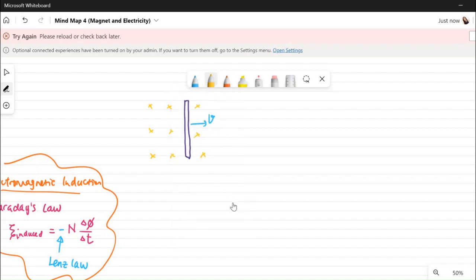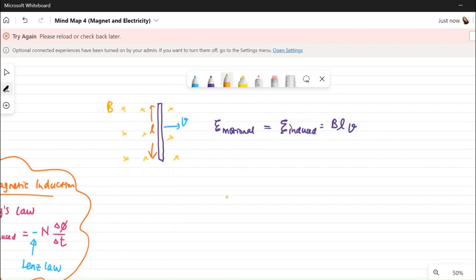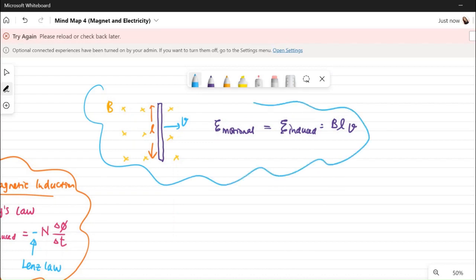This type of EMF induced in the conductor, we call motional EMF, where the magnitude of the motional EMF in this case is equal to BLV, right? Where L is the length of the moving conductor placed in the external magnetic field B.